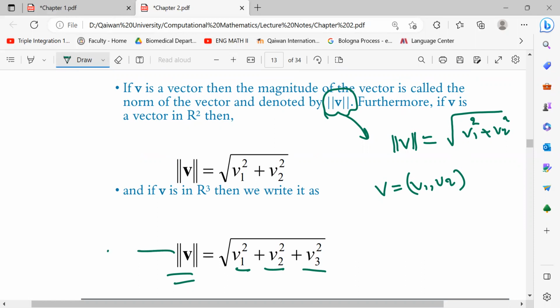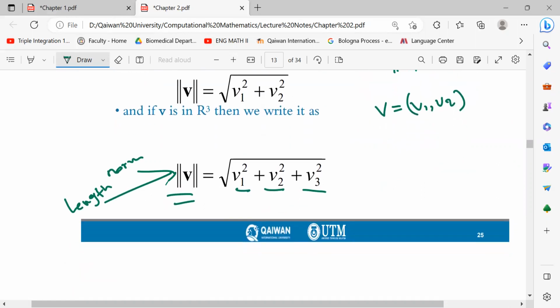This is norm, length, or magnitude of a vector. If it's asking for finding the norm, length, or magnitude of a vector, we use this rule. It depends on how many components you have in the vector.